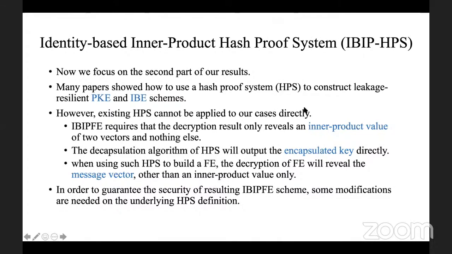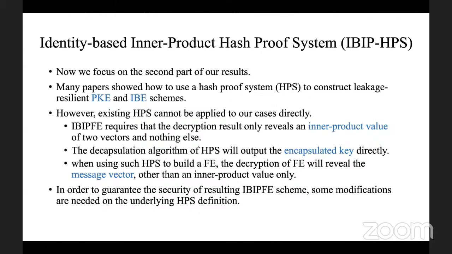Okay, due to the time limit, we will focus on the second part of our result now. Many papers showed how to use a hash-proof system to construct leakage-resilient PKE and IBE schemes. However, such HPS can't be applied to our case directly. The reason is that IBIPFE requires that the decryption result only reveals an inner product value of two vectors and nothing else.